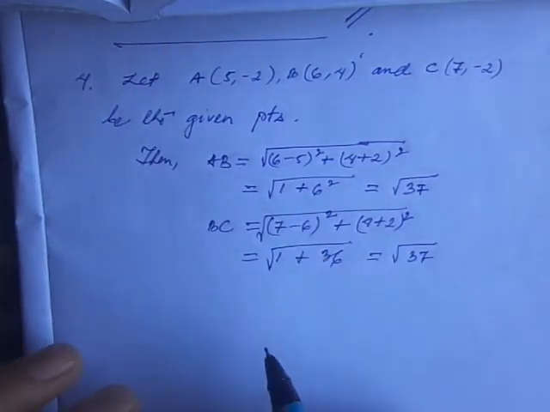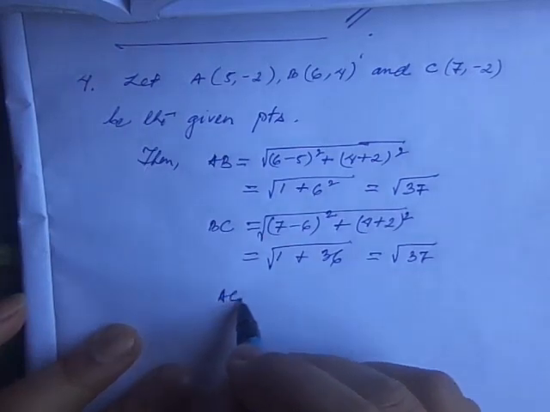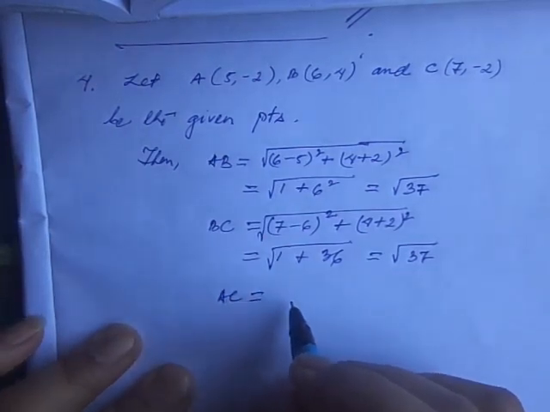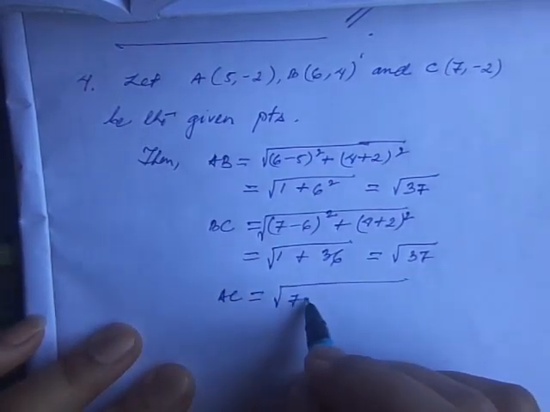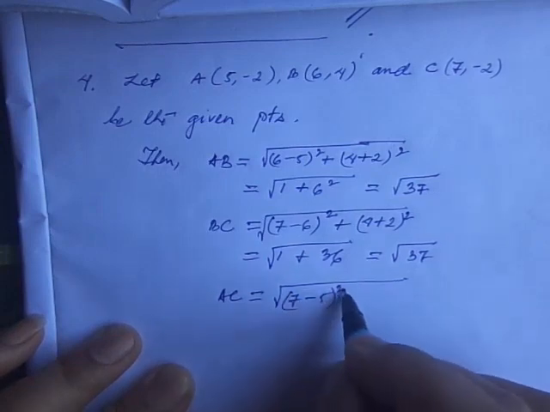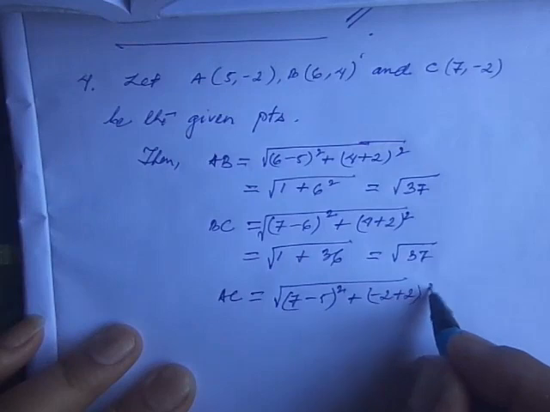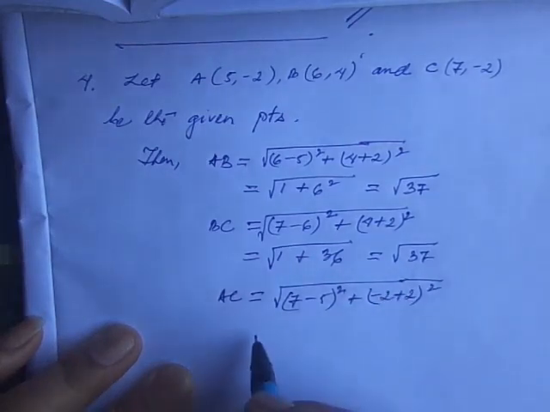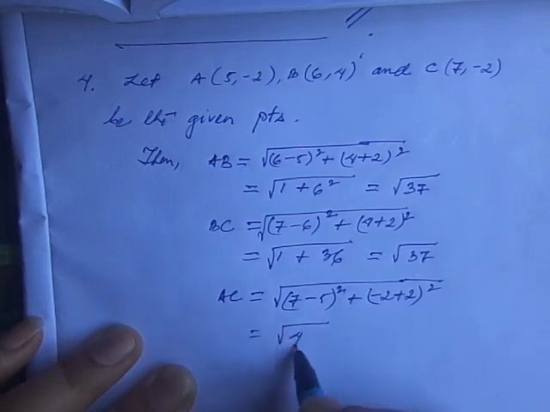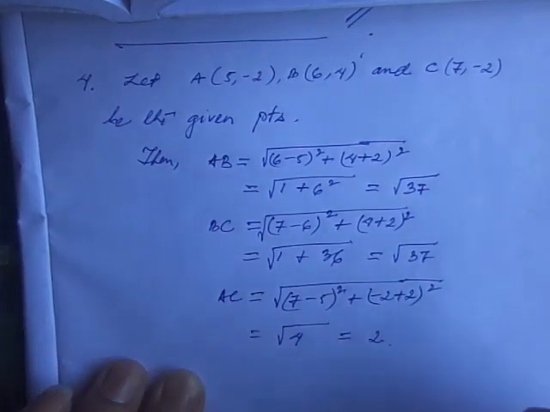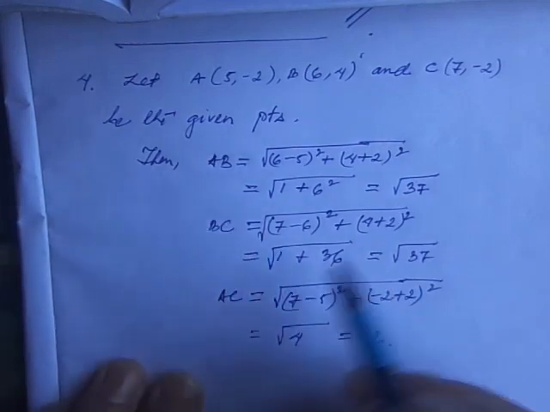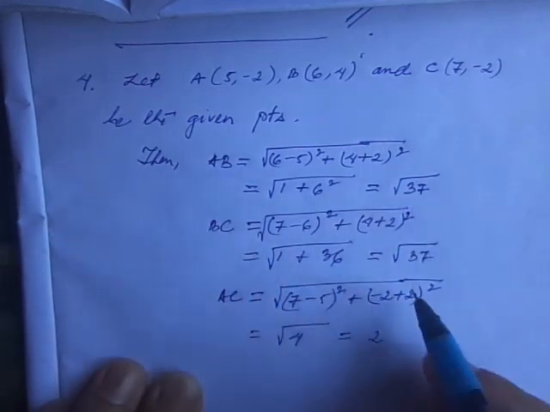Now 2 are equal. Then let's find out AC also. AC will be the square root of 7 minus 5 whole square plus minus 2 plus 2 whole square. Minus 2 plus 2 is 0. So we'll get only 2 square. 2 square is 4, so that means we get 2. Now we got 3 sides. Out of these 3, 2 are equal: root 37, root 37.